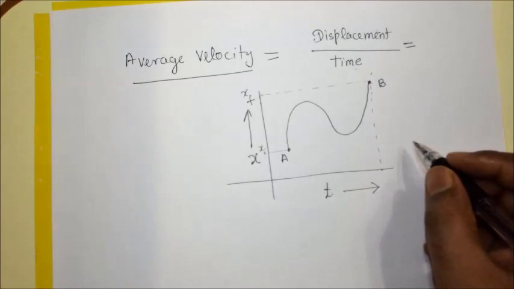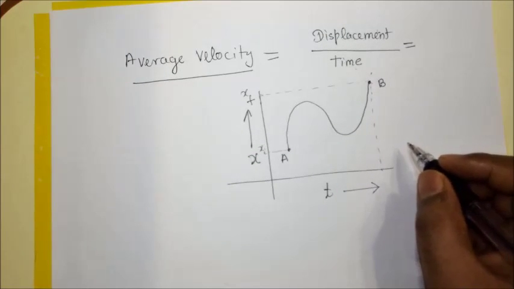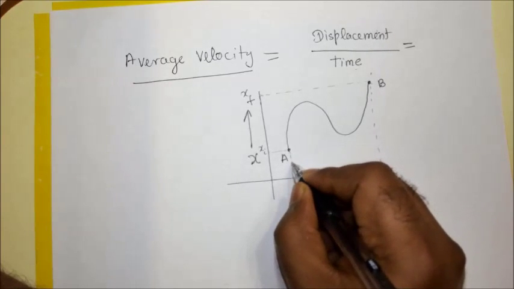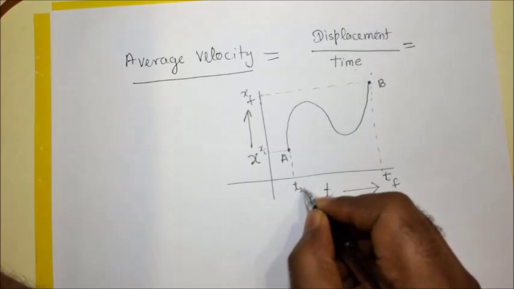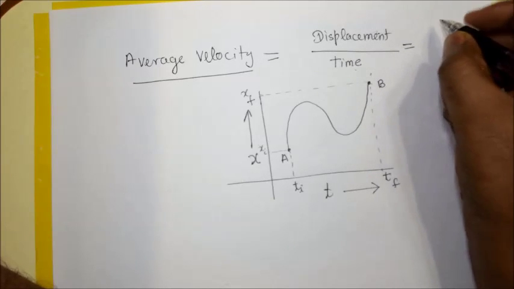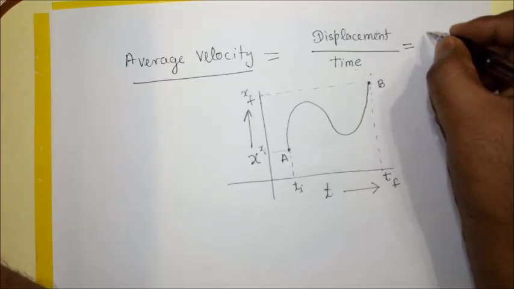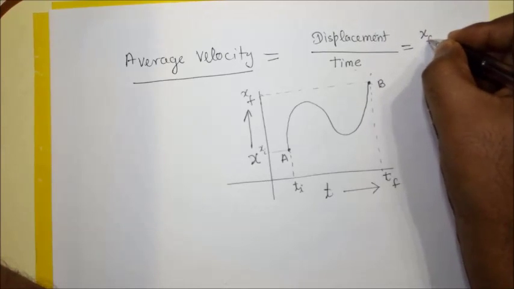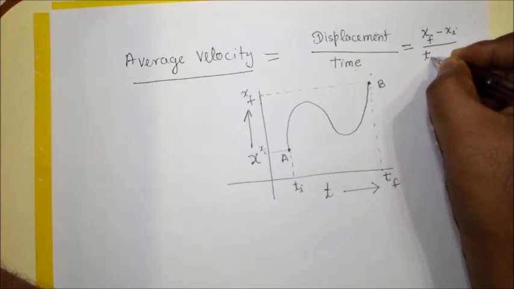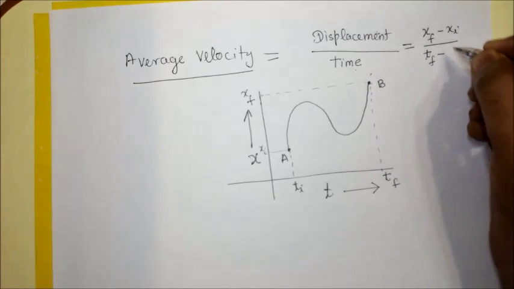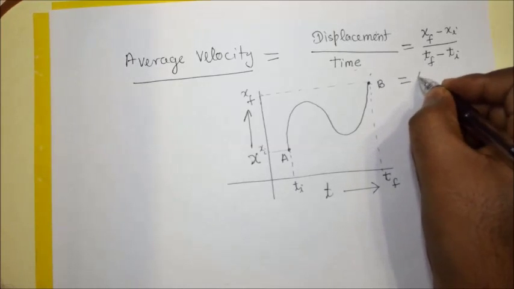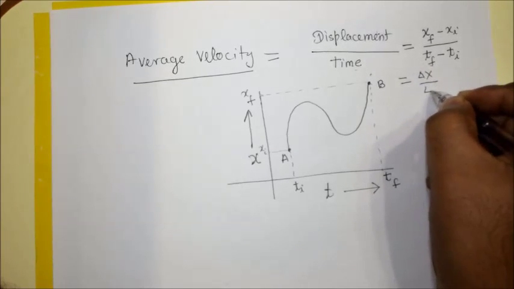And t final, this is t initial. So the average velocity is x final minus x initial over t final minus t initial. You can also write this as delta x over delta t.